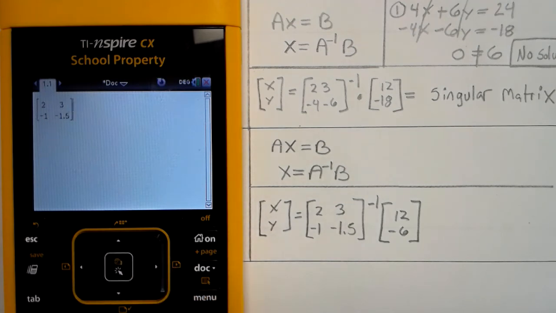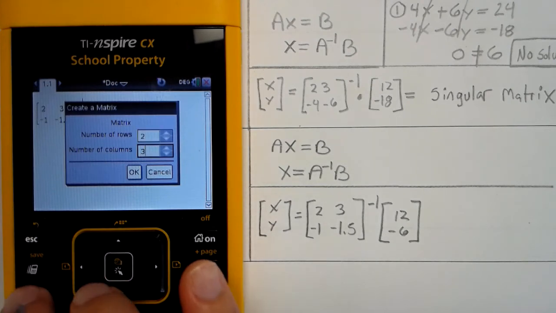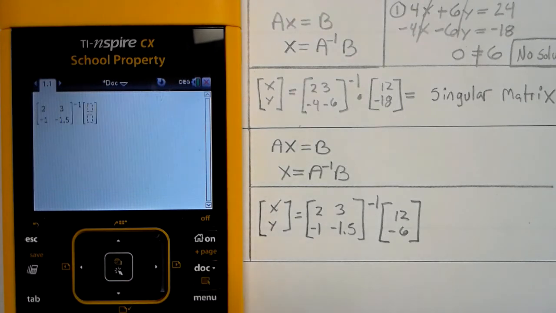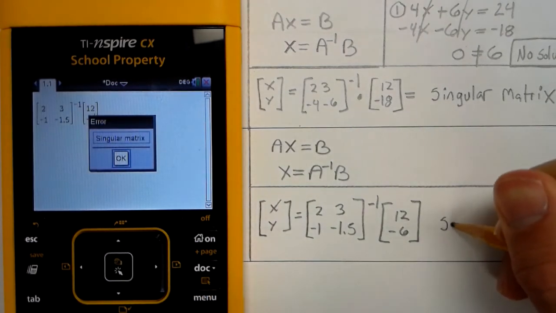And now we're pressing the button below the equal sign to negative 1, click to the right, the button to the right of 9, enter. B is a 2 row, tab, 1 column, 12, negative 6. All right, so again, we get singular matrix.